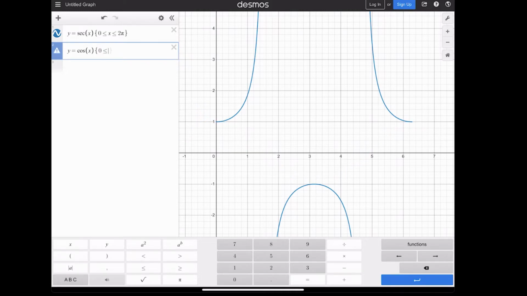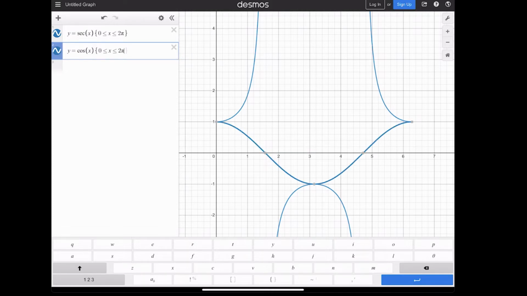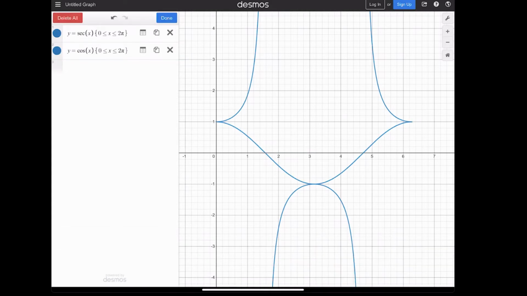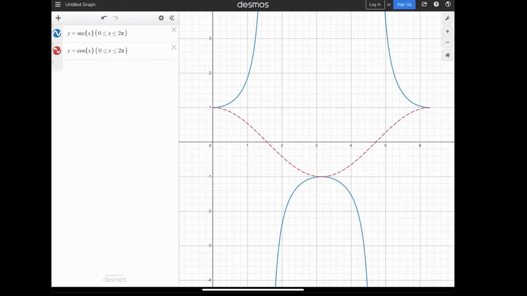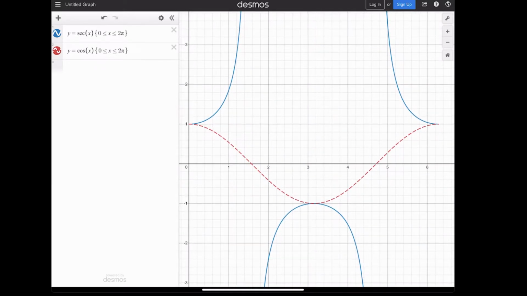Zero less than or equal to x, less than or equal to 2 what? Pi. And then what's this? Color, let's change it. Oh, it's going to be a ghost curve. You see my point? It's exactly what we did in the ghost curve. The ghost curve here, if you guys really look at the detail, that's the graph of cosine from 0 to 2 pi.